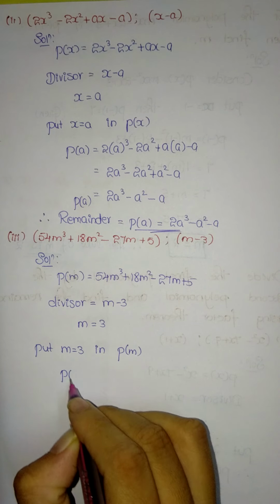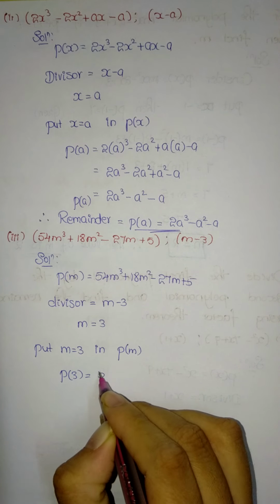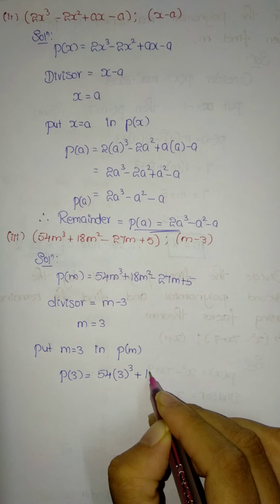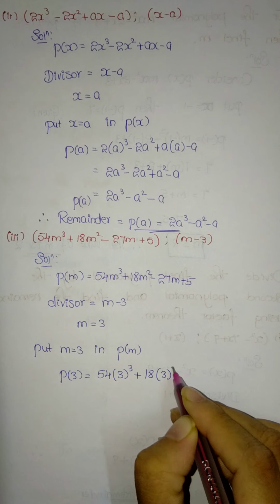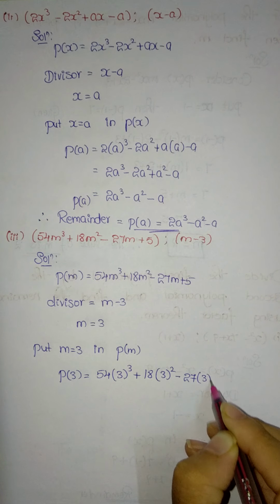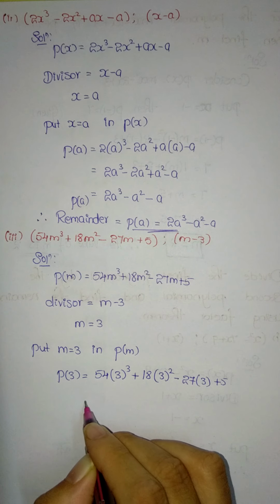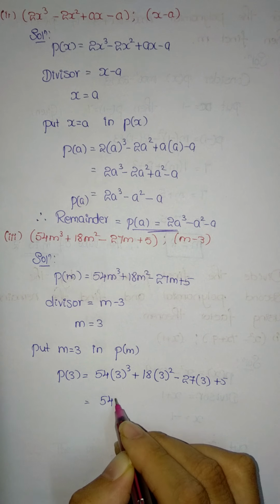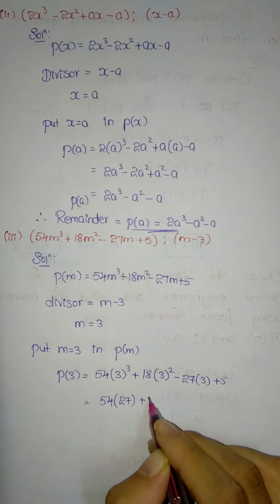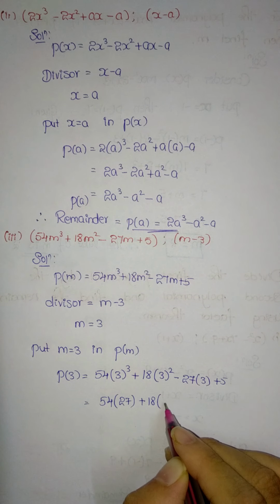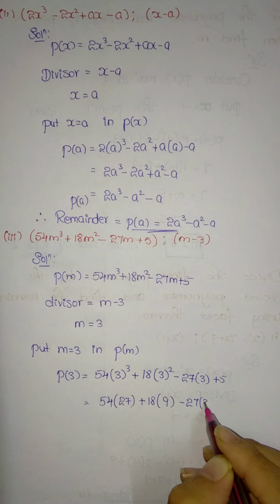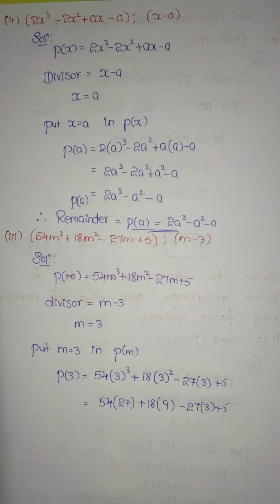So p of 3 equal to 54 into 3 cube plus 18 into 3 square minus 27 into 3 plus 5. So 54 into 3 cube is 27, plus 18 into 3 square is 9, minus 27 into 3 plus 5.